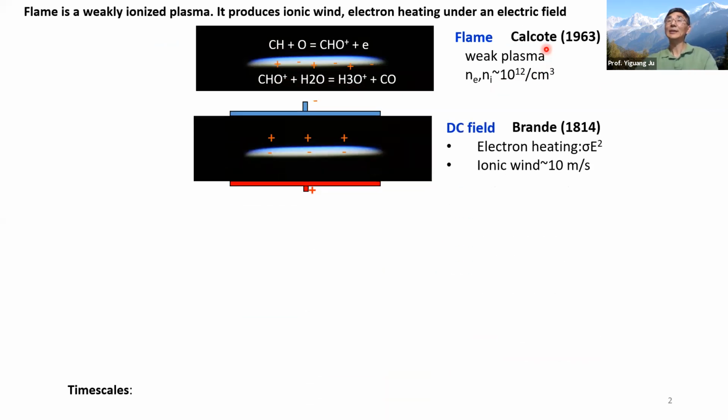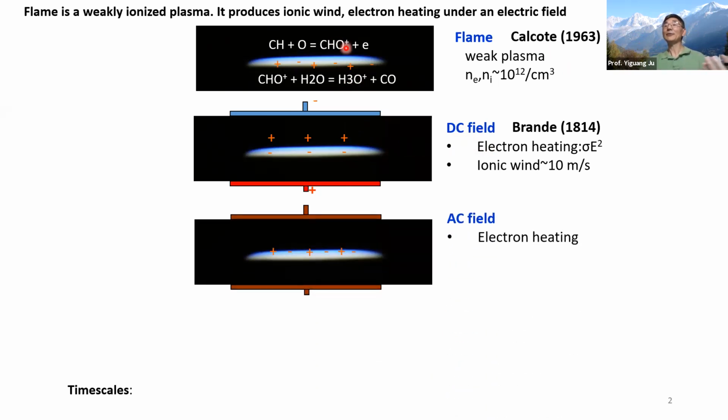If you have a DC field, direct current, then you can separate the charge, making positive charge go in one direction and negative charge go in the other. The positive charges, like H3O plus and CH3 plus, will collide with the nitrogen and oxygen in the air. They are generating a motion.